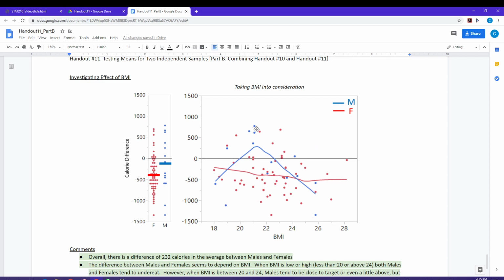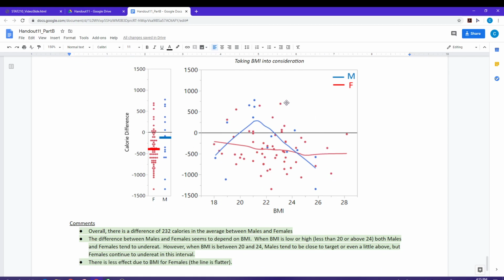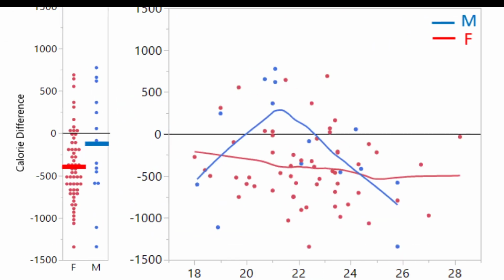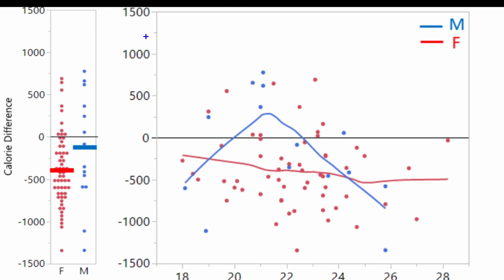You will learn a lot more about this type of thing if you were to take Stat 310. So what do I observe here when I bring BMI into the discussion? Well, I learned that when the BMI is low, if I'm in kind of this region down here, so about 18 to 20 or so, I can see that the males and females tend to be pretty similar here.